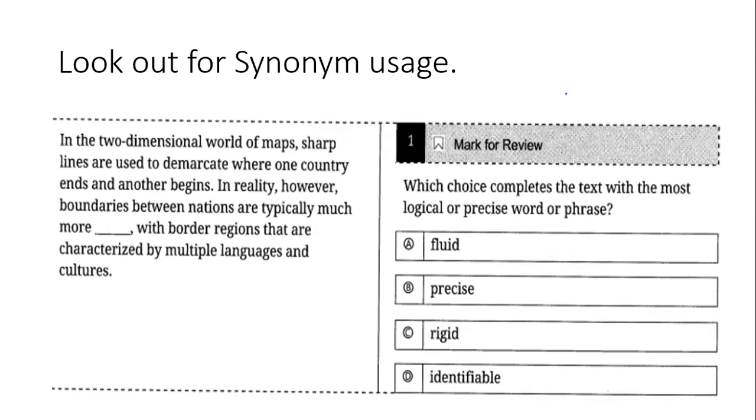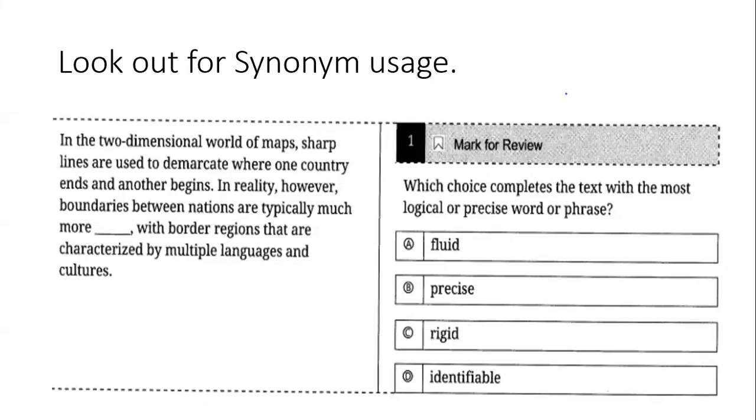Noun is the name of something. A is a noun form. Fluid is a state of something you can pour, a liquid form. B, C, D are all adjectives.